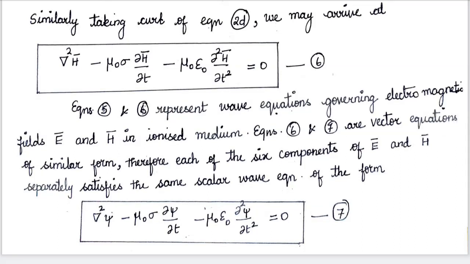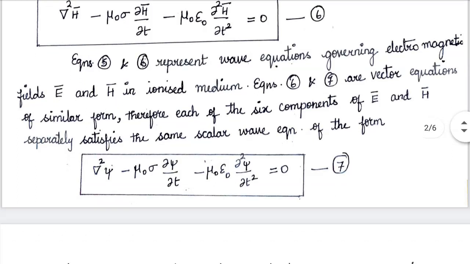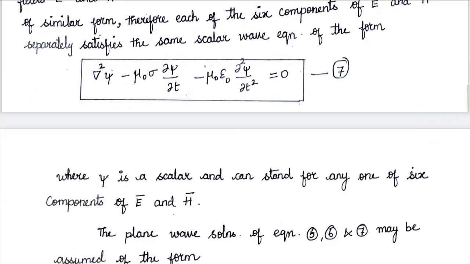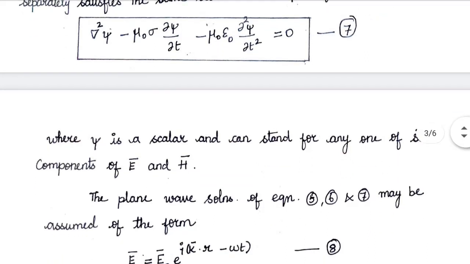These are vector equations of identical form, and each of the 6 components, that is Ex, Ey, Ez, Hx, Hy, Hz, separately satisfies a scalar equation of the form del square psi minus mu naught sigma dou psi by dou t minus mu naught epsilon naught dou square psi by dou t square is equal to 0. Here psi is a scalar quantity and it stands for any of the 6 components of E and H, that is Ex, Ey, Ez, Hx, Hy and Hz.